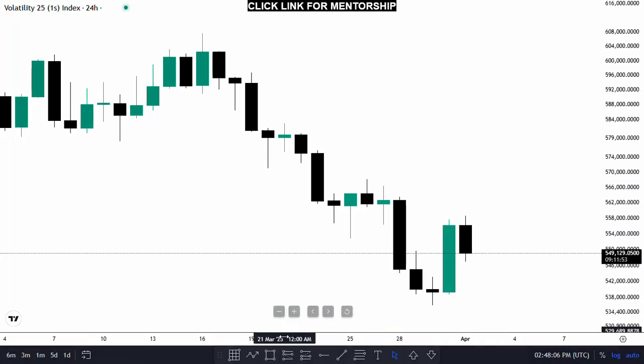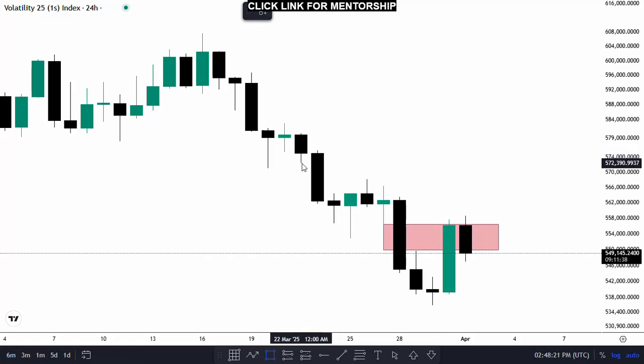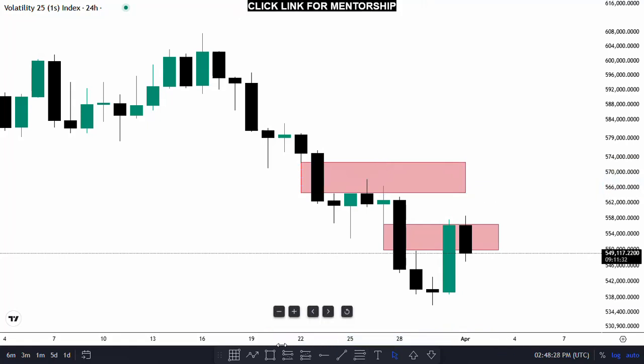This is the daily chart. For the higher time frame fair value gap, I'm going to use the daily chart, and you can see price has already respected this fair value gap. This is the current price. It respected this one here and also this one up here.